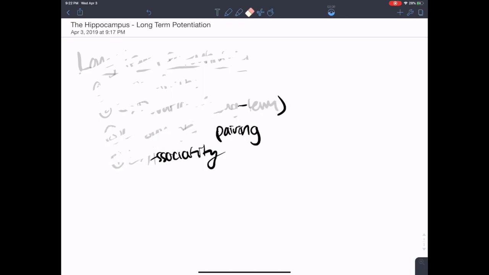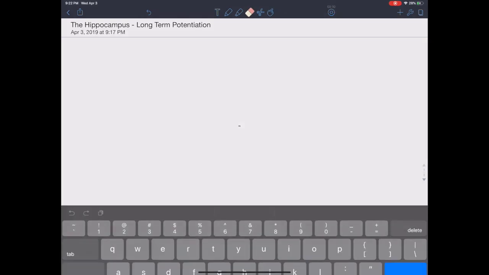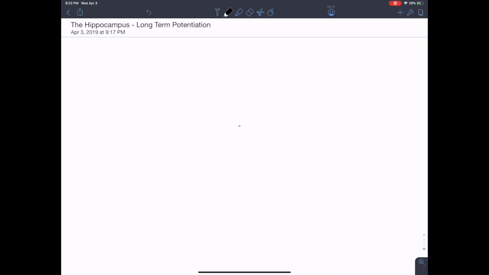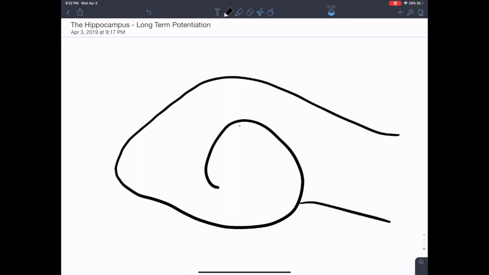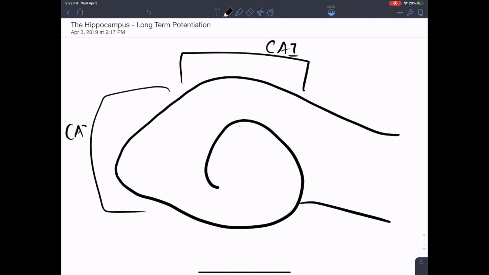basic structure of the hippocampus that he expects you to know. So if I'm drawing the hippocampus, we've got kind of 3 major regions. So we have the CA1 region, the CA3 region, and the dentate gyrus.